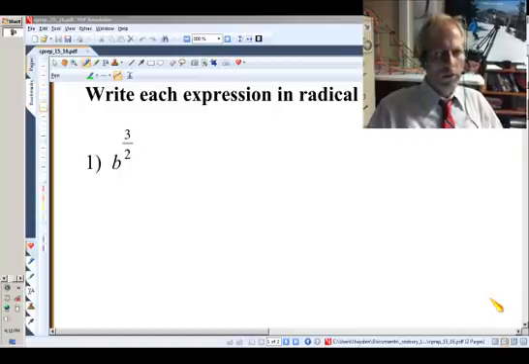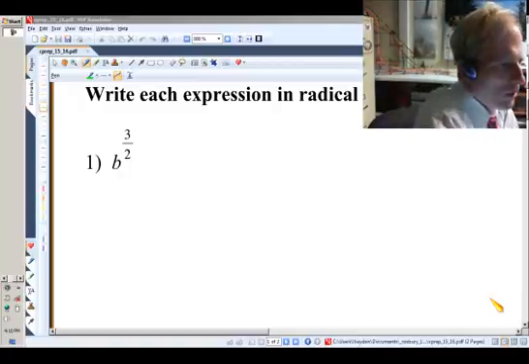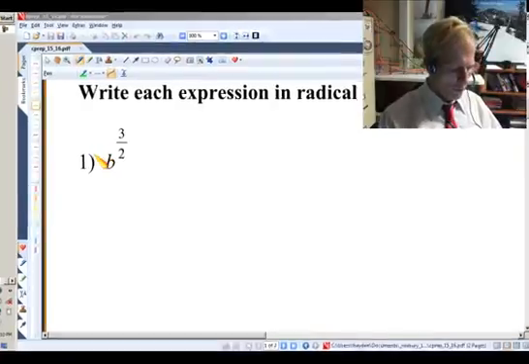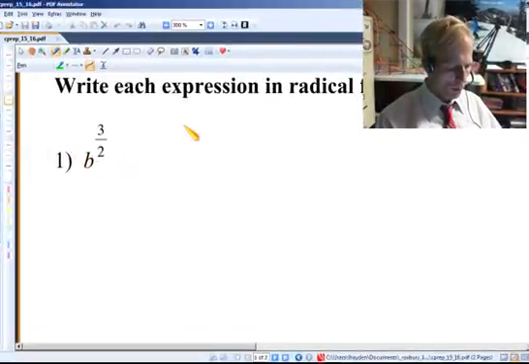Now I'm going to solve some of the problems that you're going to see on tomorrow's quiz on rational expressions and higher order radicals. In the first problem here, I'm asked to rewrite an expression in radical form.